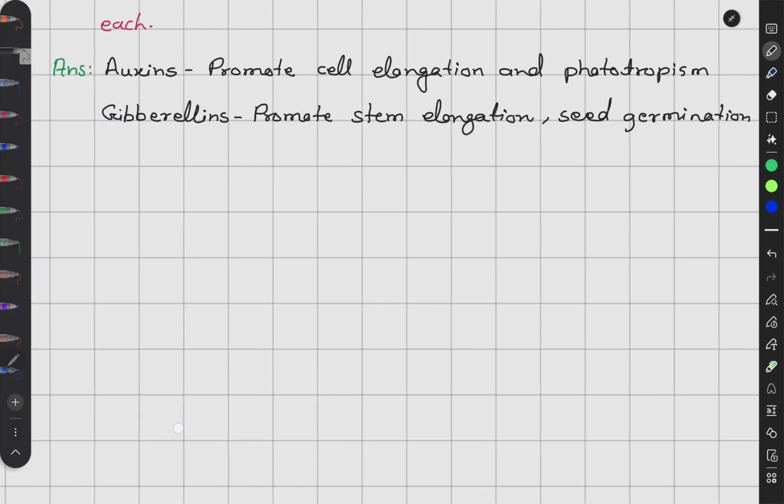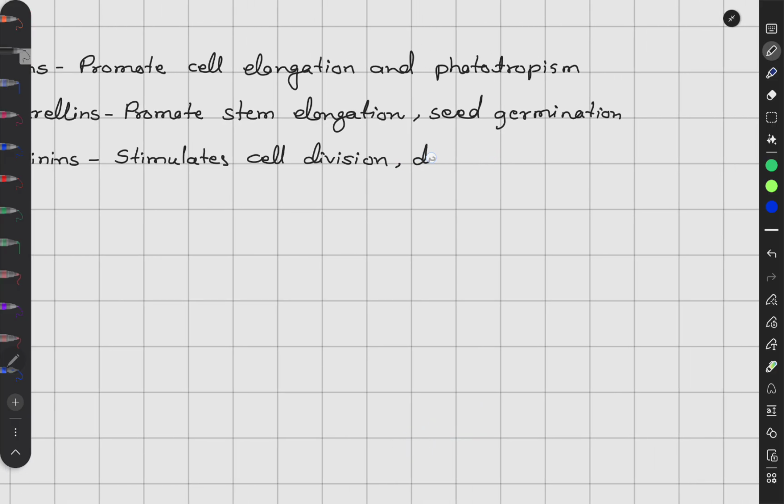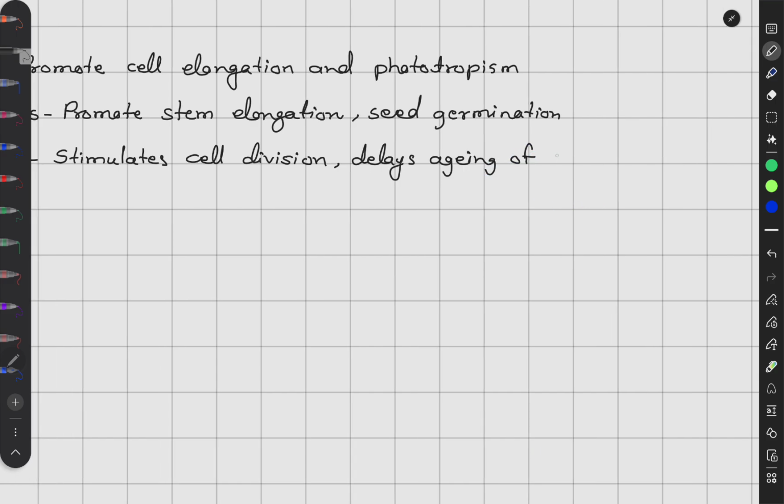Third one is cytokinins, which stimulate cell division and delay aging of leaves.